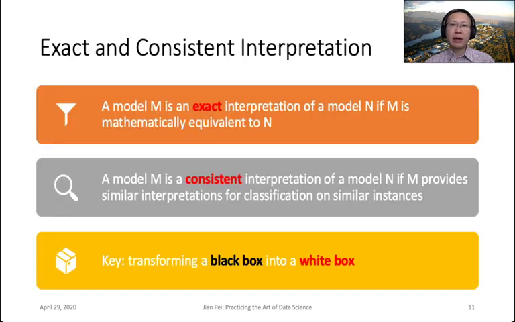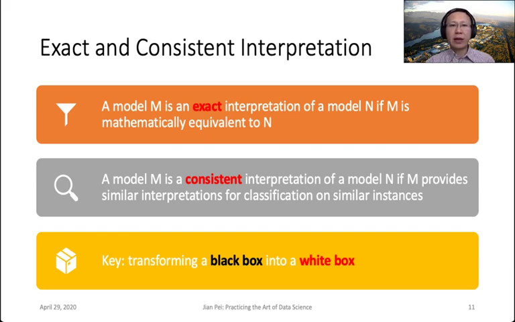Inspired by the previous observations, we propose one idea here. We call it exact and consistent interpretation. This is one of the major essential requirements we see that all model interpretations should have. There are two keywords here. One is exact, one is consistent.